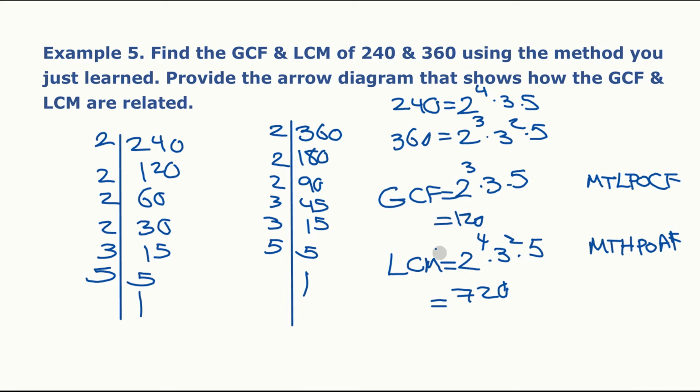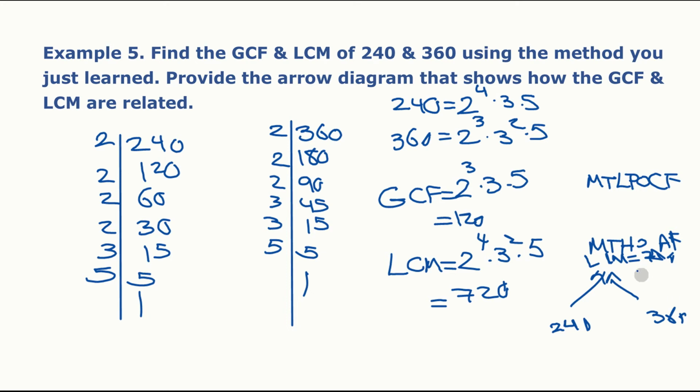All right, so we just found the GCF and LCM for 240 and 360. So if we want to do a quick arrow diagram, we have 240 and 360, and the smallest number that they go into is going to be 720, and the largest number that goes into both of them will be 120.